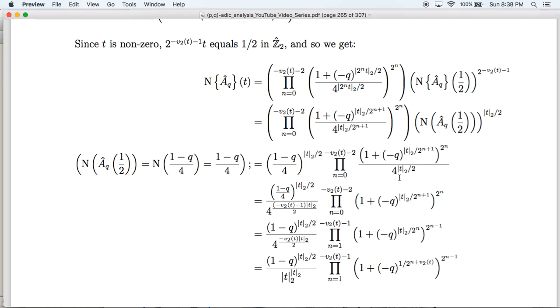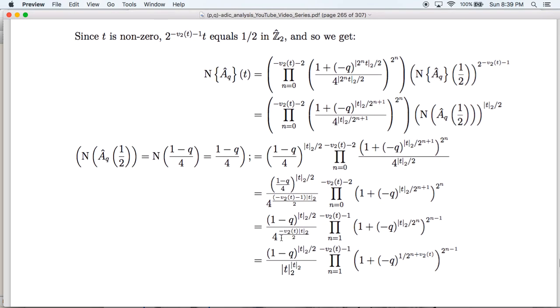We then pull this out, and we're going to accrue a factor of negative v2 of t minus 1, because that's the number of times we multiplied this quantity by itself, against itself. We then pull out another copy of 4 to the t2 over 2 from the numerator, and we put it into the denominator. Taking the square root, it's 2 to the negative v2 of t, t2.